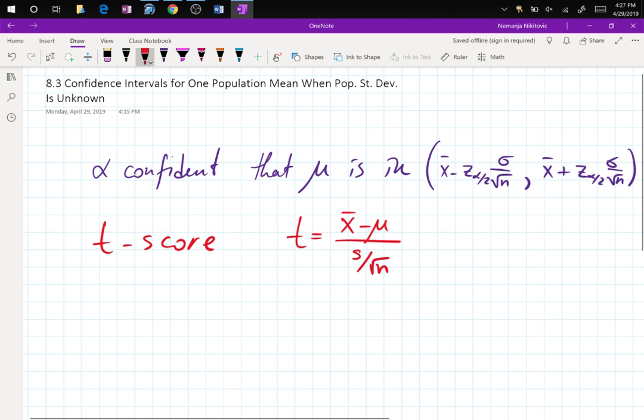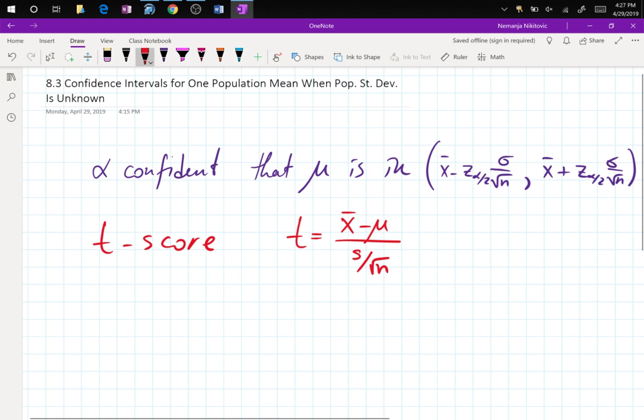you ship mu to the right, and you ship the minus t s over square root of n to the right. You can immediately see that look guys, doesn't this look the same? You have z-score, you have t-score, you have standard deviation, you have a sample standard deviation now. Looks the same, right?